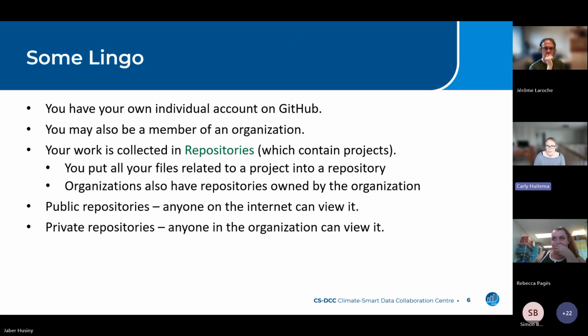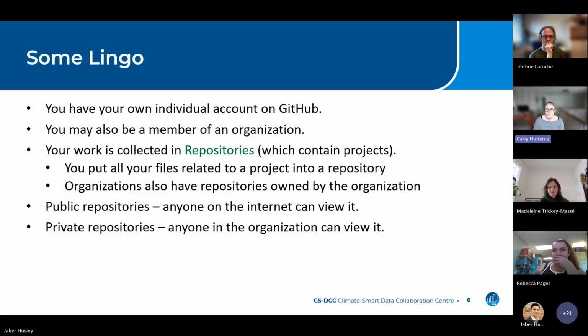Now, for preparation for today, you're going to have your own individual account on GitHub. If you don't have an account, maybe run off right now and go and make one, or do it when we do it all together. You are an individual account on GitHub, and you may also be a member of an organization, which has an organization's account. When you work, your work is collected into multiple repositories, which contain the projects that you're working on.